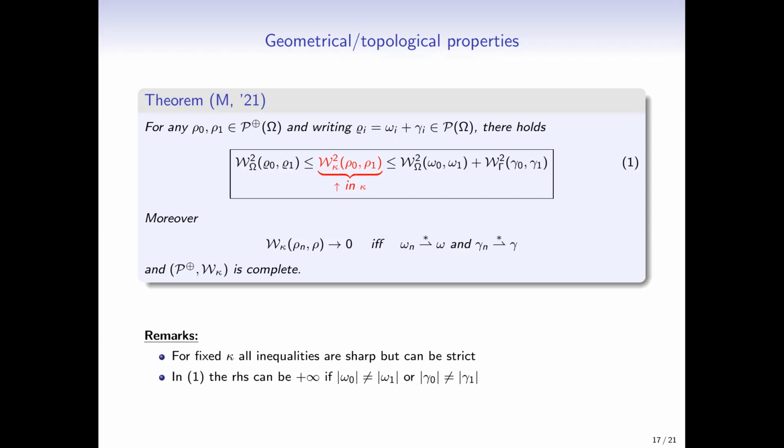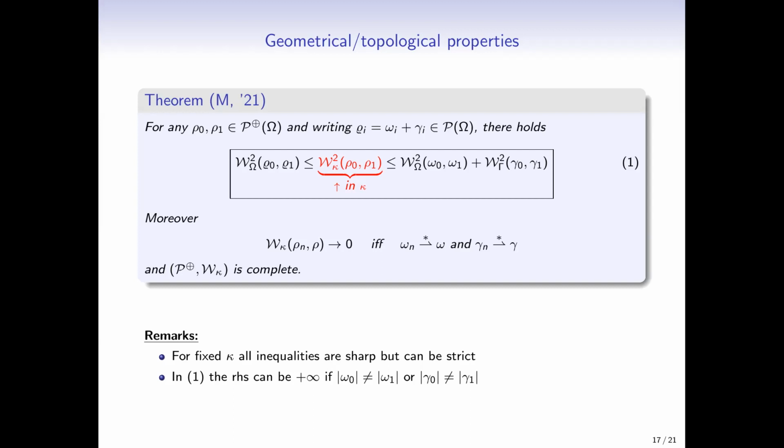And moreover, the topology induced by this distance is actually very natural. My primary variables are not just probability measures, they are pairs, omega, gamma. And by very construction, my model discriminates between blue omegas and red gammas, right? So the topology induced by this metric has the good taste of metrizing two separate weak convergence of measures.